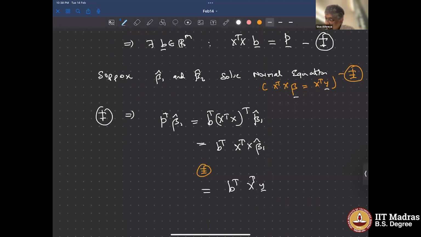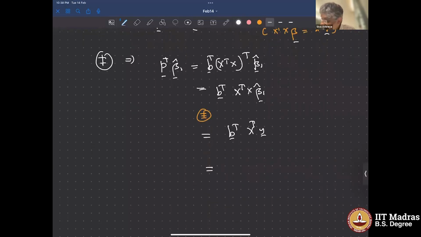Everywhere Y is the Y vector. Now what is X transpose Y again? From triple dagger again, I reverse it, since beta 2 hat is a solution, so I write it as B transpose X transpose X beta 2 hat.